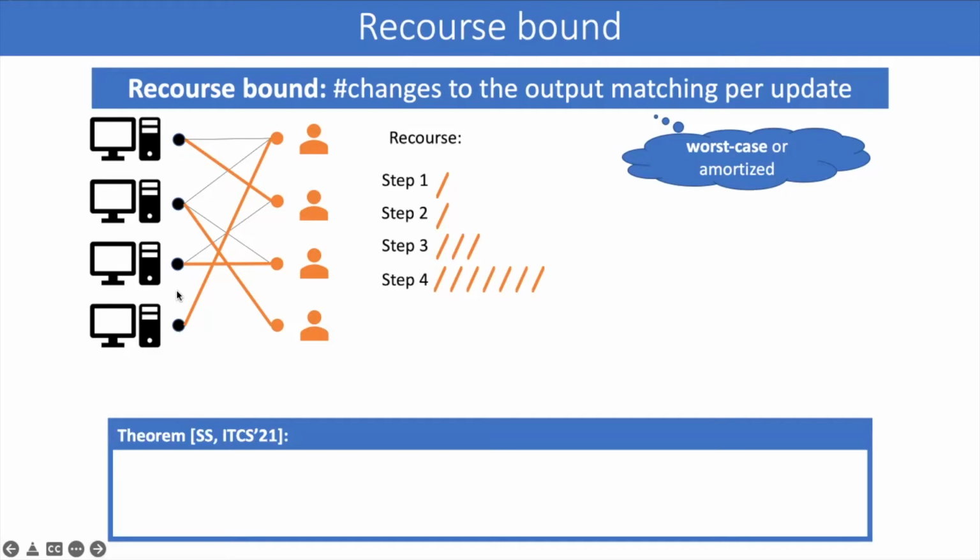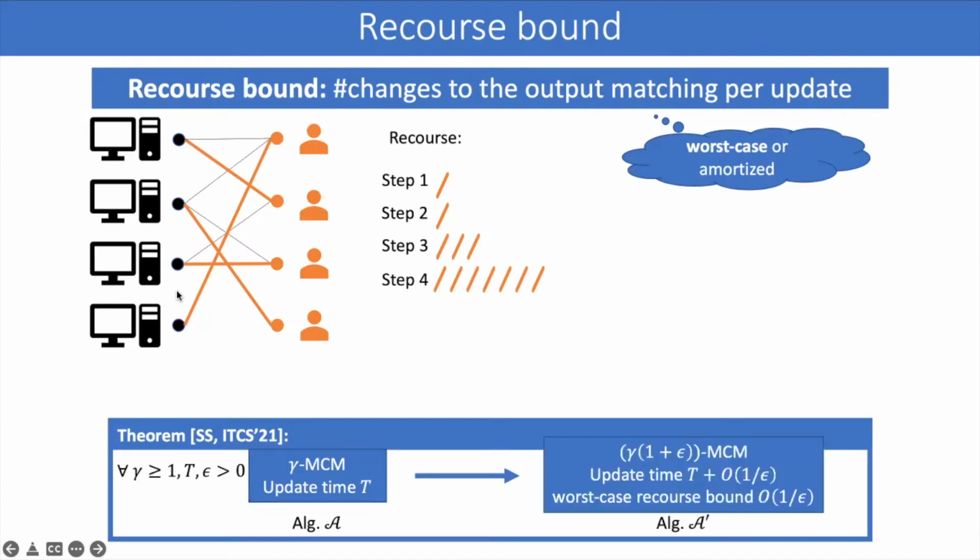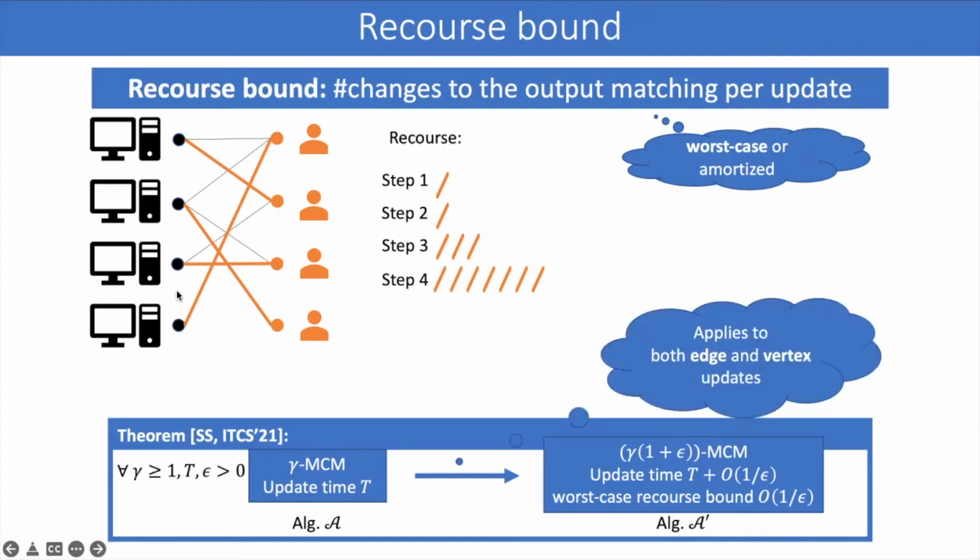There is a recent theorem which says that for any gamma, t, and epsilon, any gamma approximate MCM algorithm with update time t can be transformed as a black box to another algorithm, which has a slightly worse approximation guarantee and update time, but has a worst case bound on the recourse of 1 over epsilon. This theorem applies to both settings, edge and vertex updates.